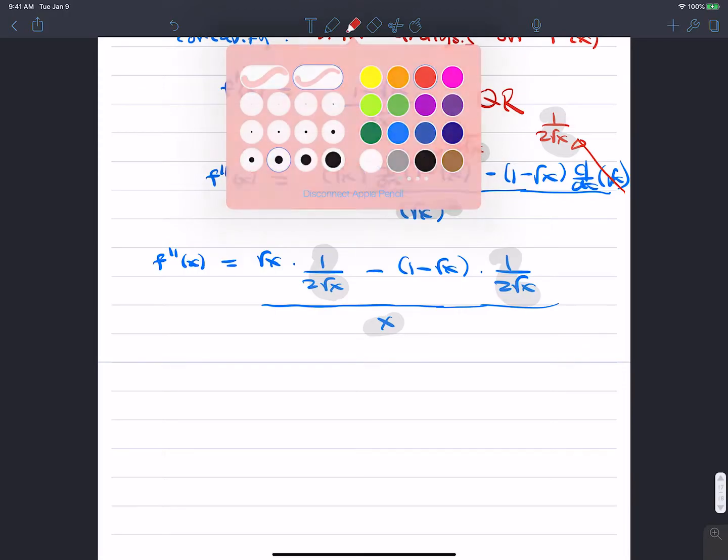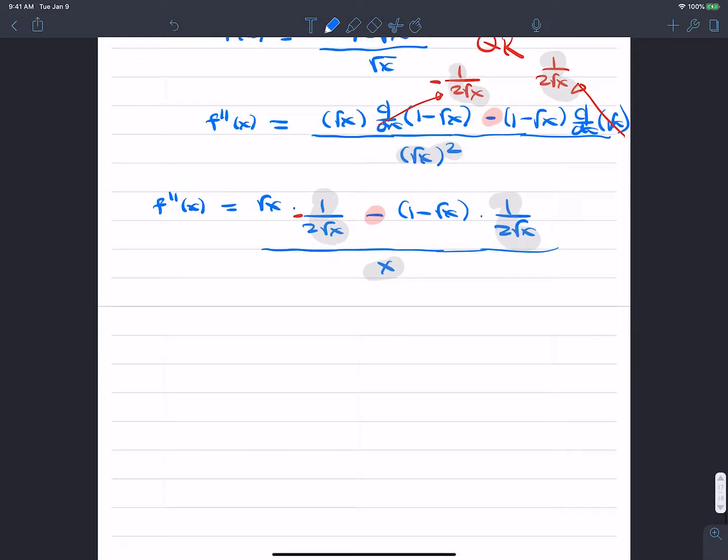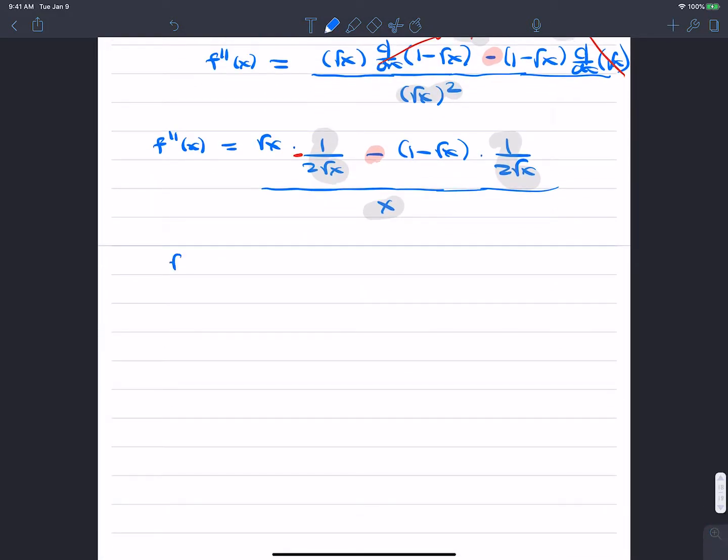This here is always for the quotient rule what? Derivative of the 1 minus root x. Good man. Thank you. This here is going to be what? I gotcha. It's negative. Good. It's a negative sign there. Good job. Thank you. I'm glad you're awake. Good, because we don't want to do all this work and then what happened, right?